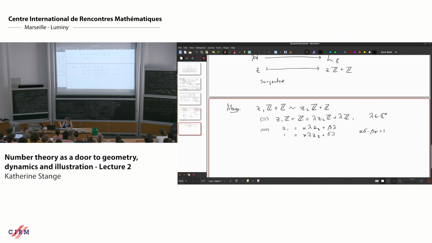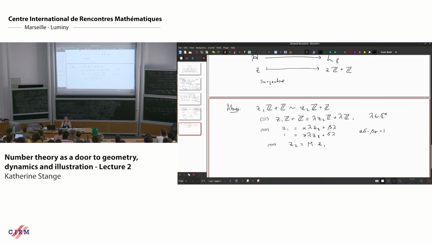And so this just means that there's some sort of change of basis, and this is an element of PSL2Z. So what this is telling me is that Z2, thinking of it as an element in the upper half plane or in the complex plane, is just an image under PSL2Z of the other, Z1. Okay?